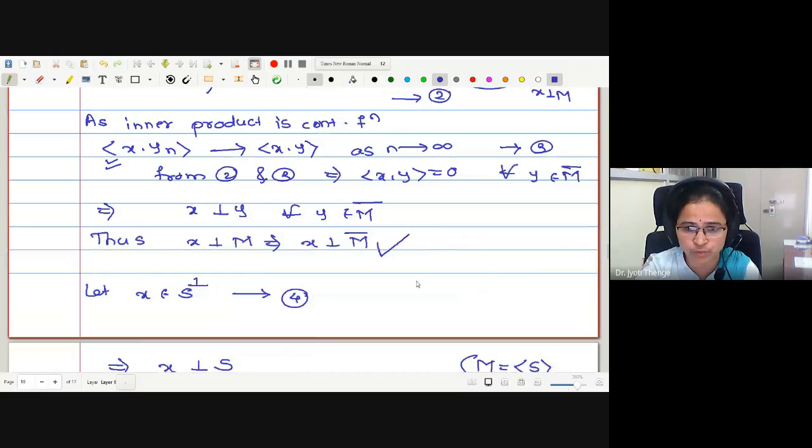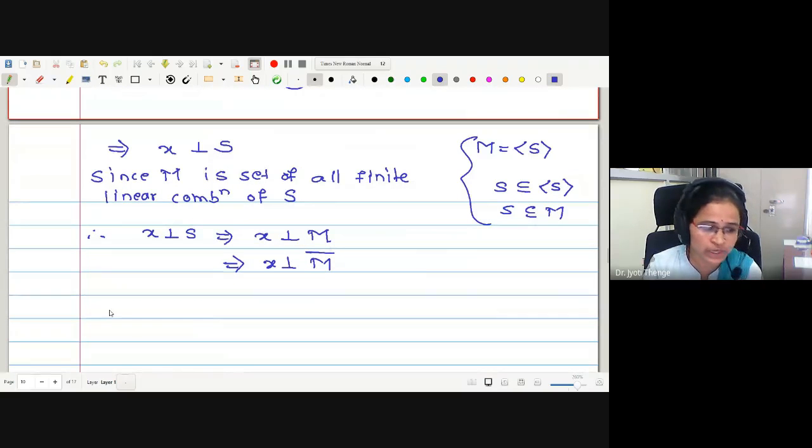Here is the statement we have proved, right? Therefore, x is orthogonal to M bar.